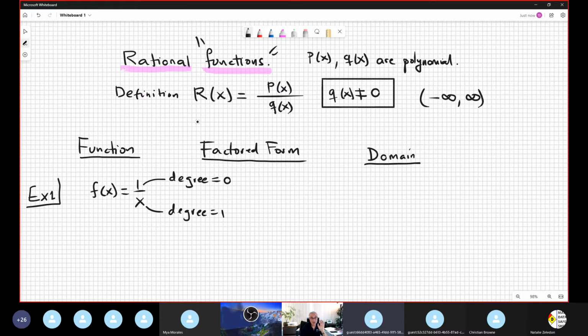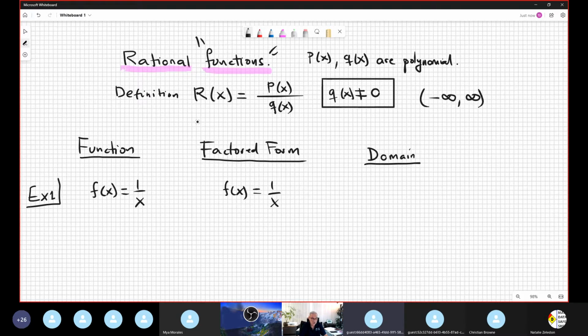This is a super elementary rational function, but it's okay. It's actually rational. Now the factored form, we cannot do anything because 1 is 1 and x is x. So it's a perfect coincidence, the factored form and the function, because we cannot factor this expression.